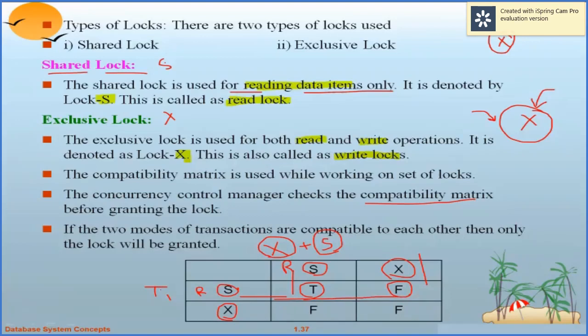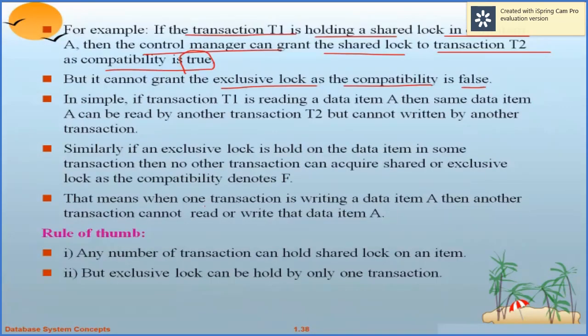That means on the data item having a shared lock, an exclusive lock in the next transaction will not be allowed. In the same way, if transaction T1 is reading the data element A, then the same data item A can be read by another transaction. So this was also discussed just now.